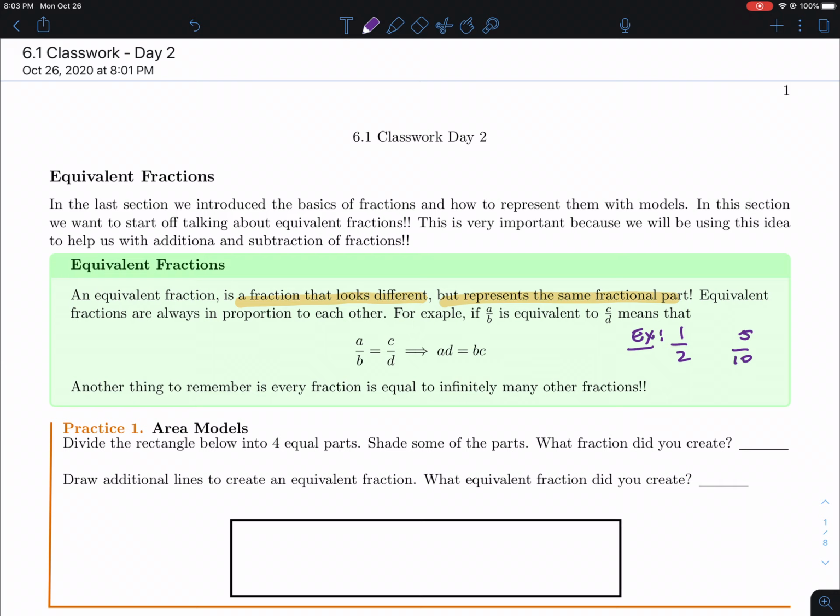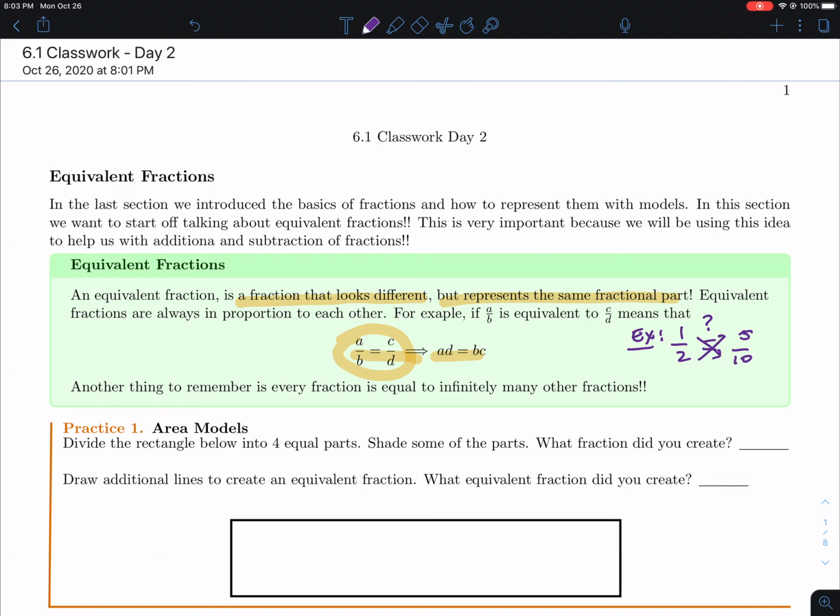The cool thing is there's a nice way to test whether fractions are equivalent or not by taking this proportion. The idea is these two things are equal, or proportional, if you cross multiply them and that gives you an equal statement. The way I usually do these is I check this and I put a question mark because I don't necessarily know they're true.